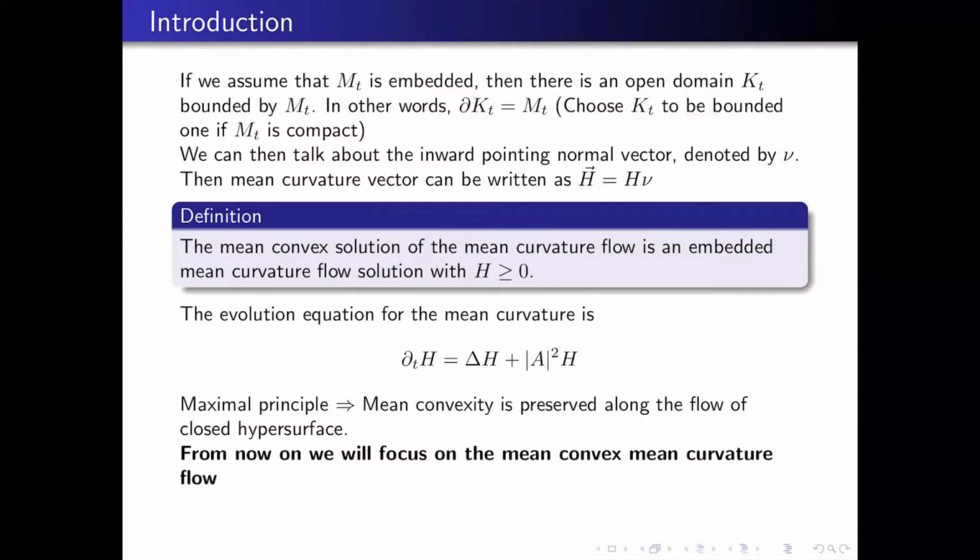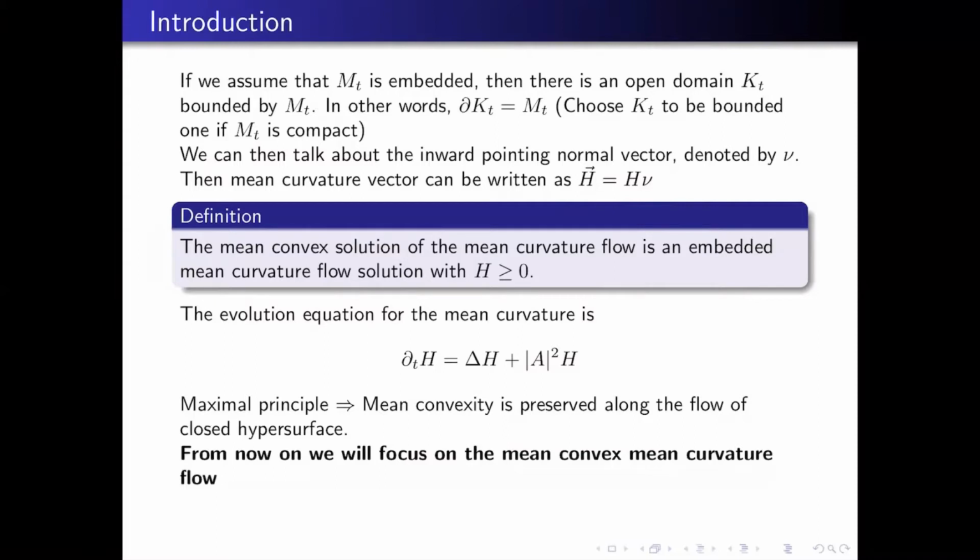With the choice of K_t, we can then talk about the inward pointing normal vector denoted by nu, and then the mean curvature vector is unambiguously written in this form. So then the mean convexity is defined to be H bigger than or equal to 0. In particular, a mean convex solution is an embedded mean curvature flow solution with non-negative mean curvature.